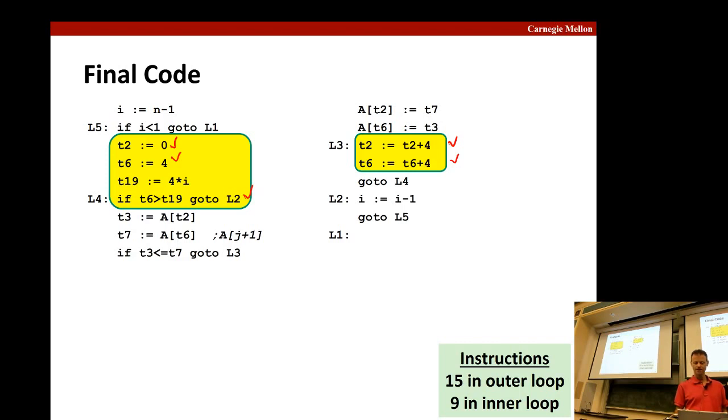And so that's, again, useful because now in this final code, we only have 9 in the inner loop as opposed to 11, and still 15 in the outer loop. So we basically cut things by roughly about half for both the outer and the inner loops. All right, so any questions on that?